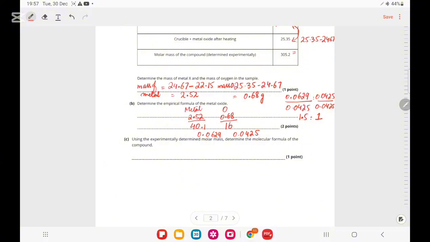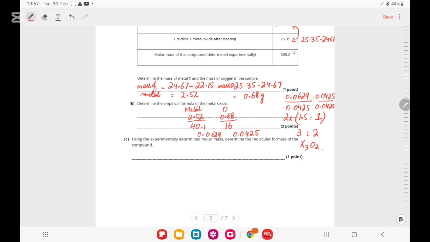But it is still not a whole number, so to make it a whole number we have to multiply by 2, and the ratio comes out to be 3 to 2. So it is going to become X3O2.